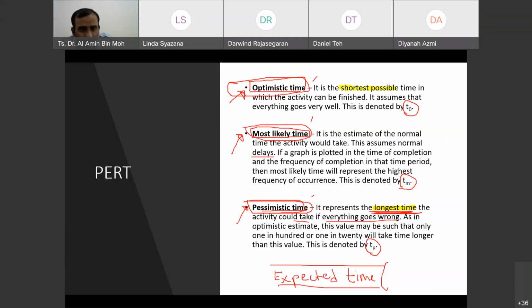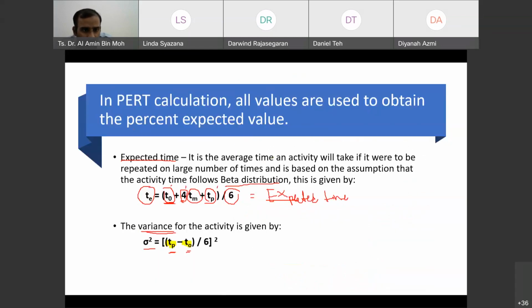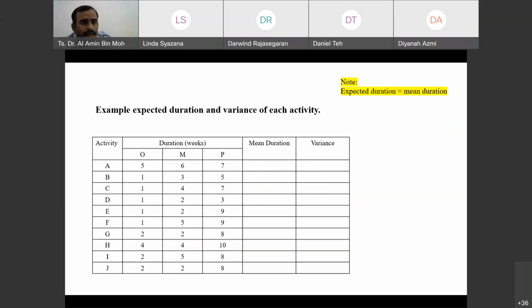So basically, it's the difference between the largest and smallest, and you are going to divide by 6 and square, to get the variance. You got it, right? So this is the example of the expected duration.